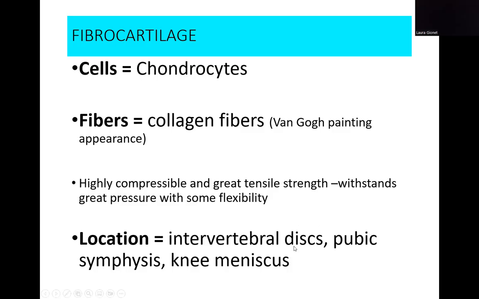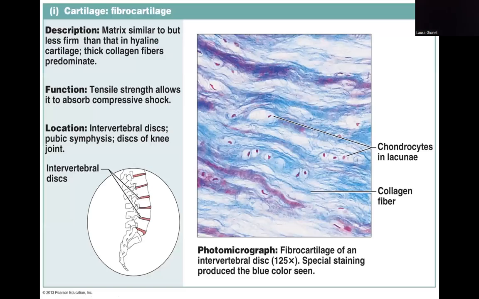So intervertebral discs, the disc between each vertebra of your spine. The pubic symphysis, anteriorly where the two pubic bones of your pelvis come together. And the menisci of the knees, they're like brake pads between your femur and your tibia, behind your kneecap, your patella. So the menisci of the knees, big impact areas, fibrocartilage locations.